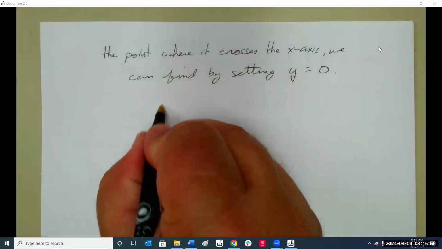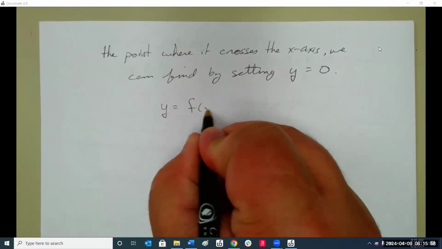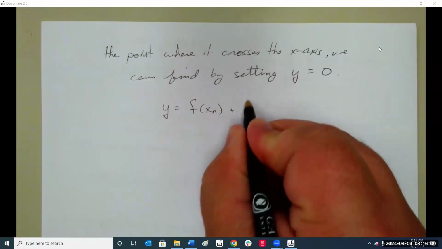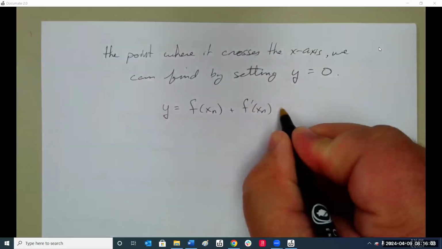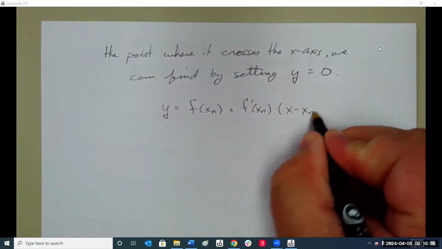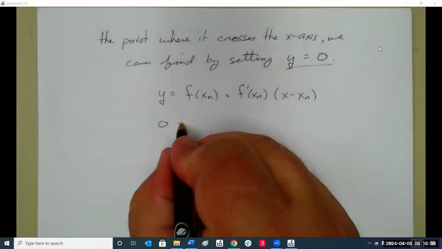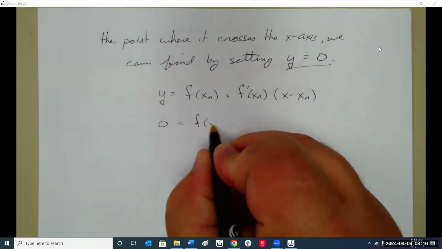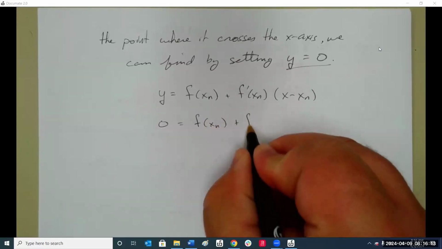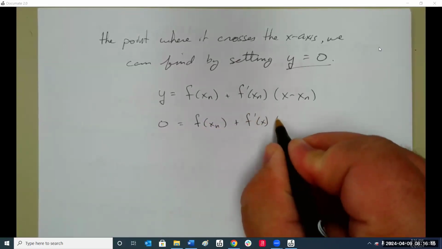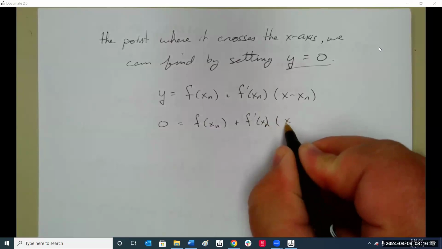So what we have here from our equation, if we set y equal to 0, what do we have? These are m's.